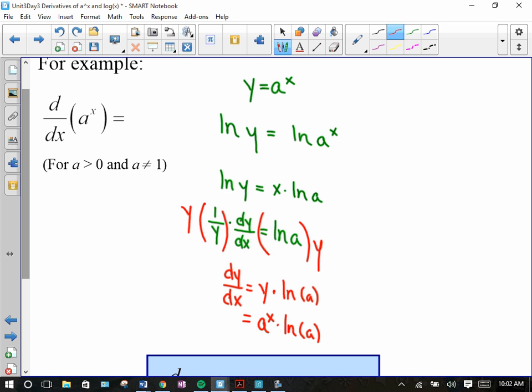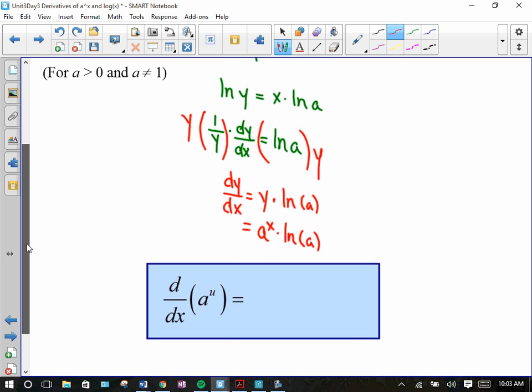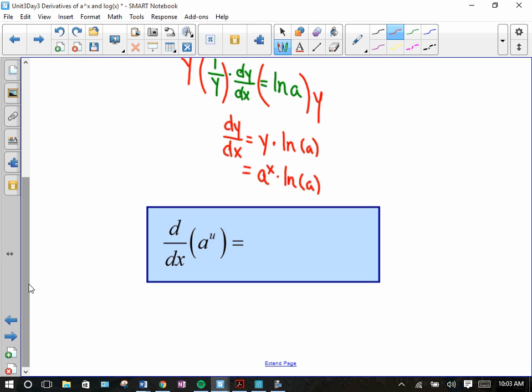Okay. So let's generalize this into, well, what is a to the u power for u something? Right here, this is the derivative of a to the x power.